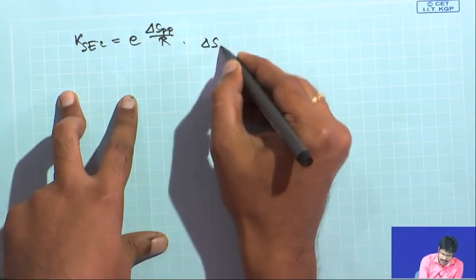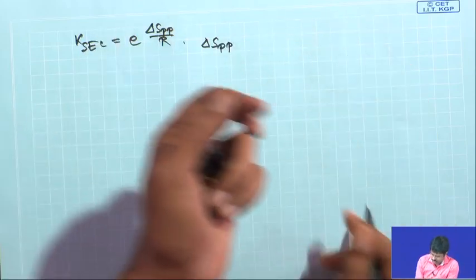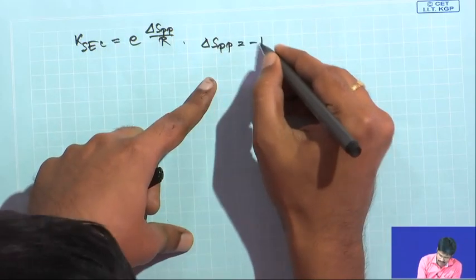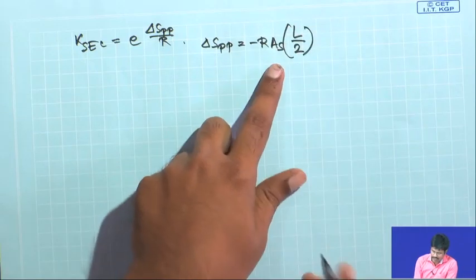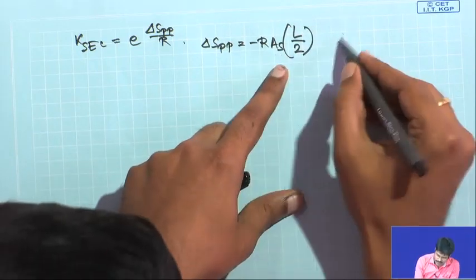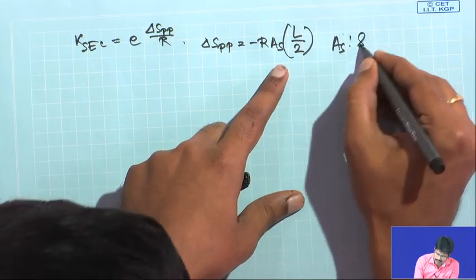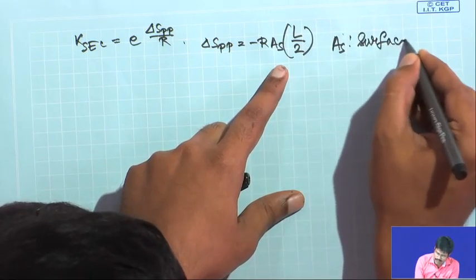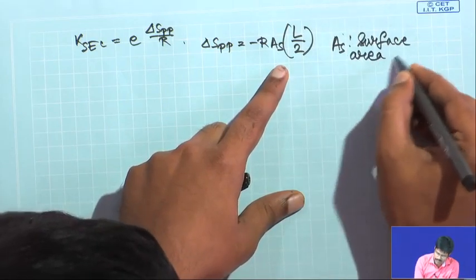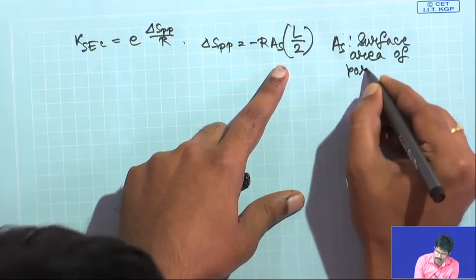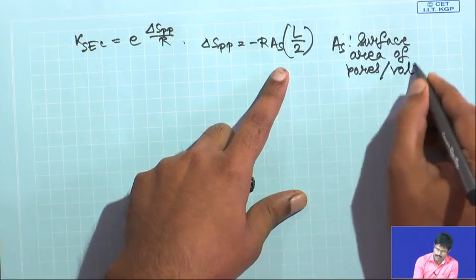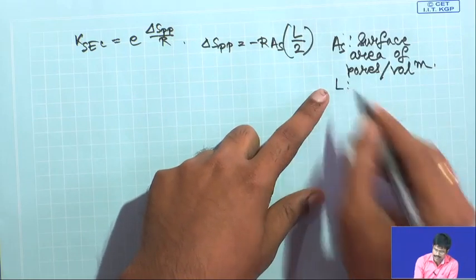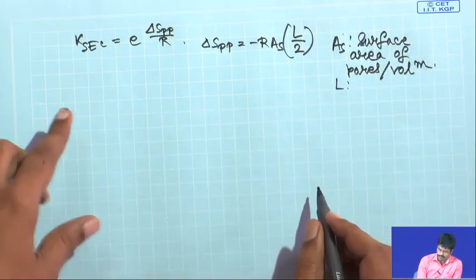It can be shown that this is equal to minus R into A_S into L by 2, where A_S is the surface area of the pores per unit volume, and L is related to the size of the polymer.